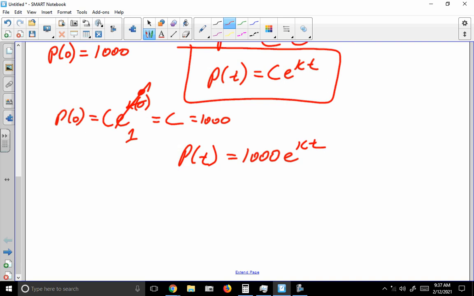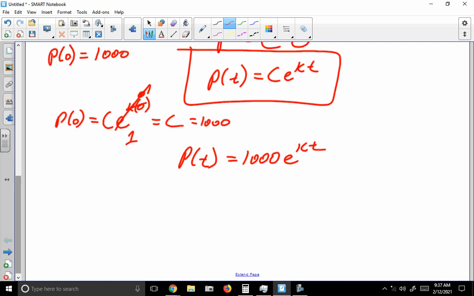So we might be told that, depending on our situation, our time could be in different units, after 2 years our population has increased to 3,500.